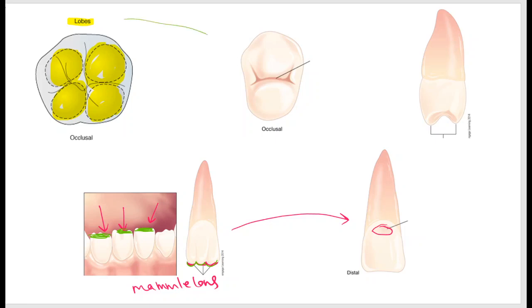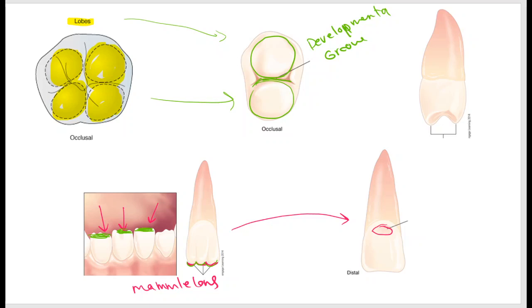Continuing with the lobes. We have multiple lobes here. The area between two lobes is the developmental groove. It is the groove, the depression, between the two lobes.